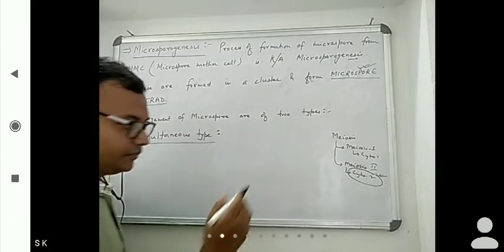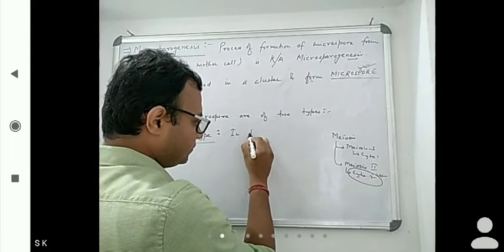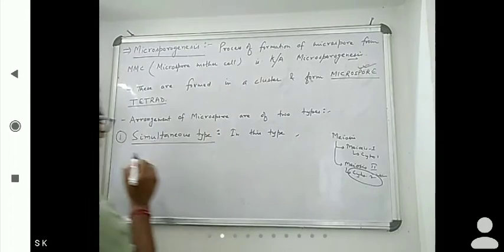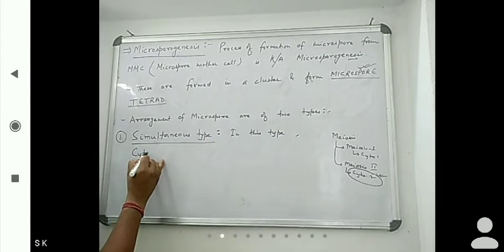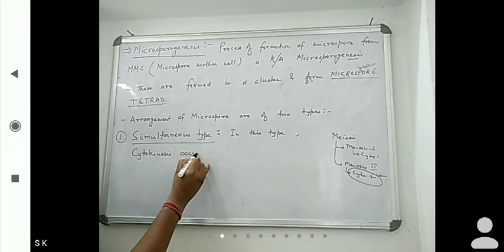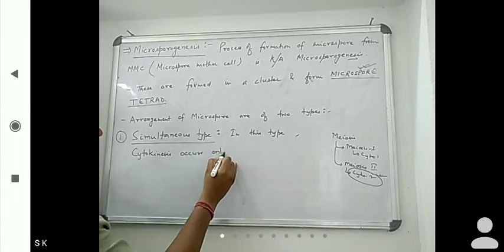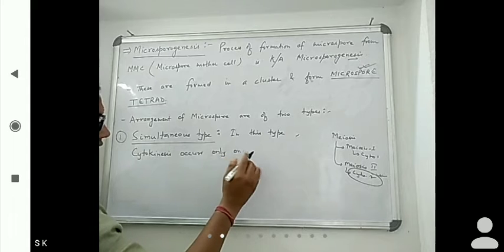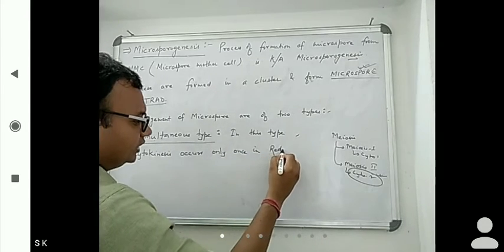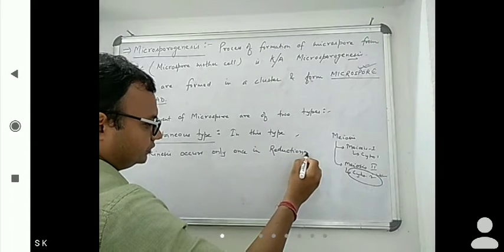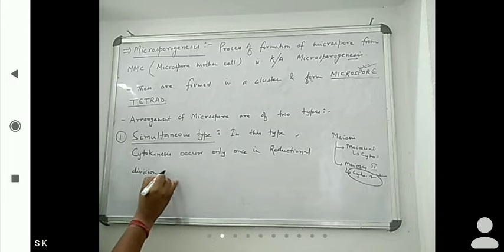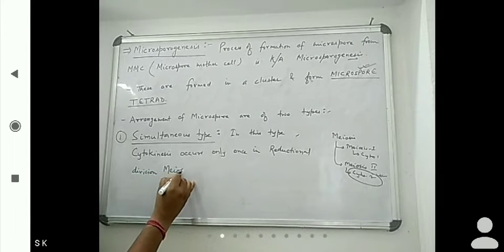So in this type, cytokinesis occurs only once in the reductional division, meiosis.